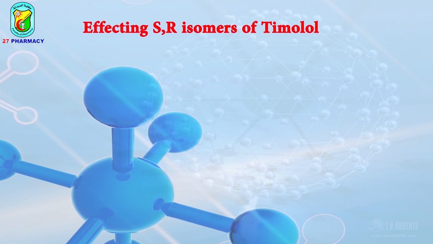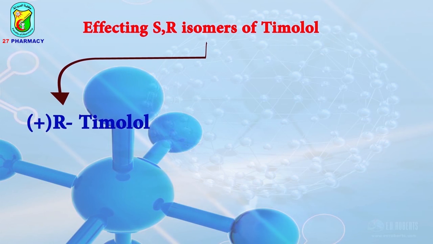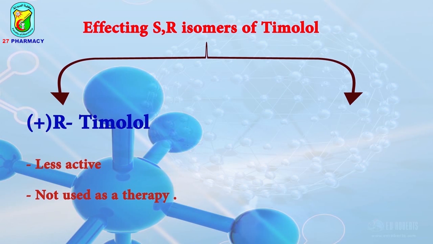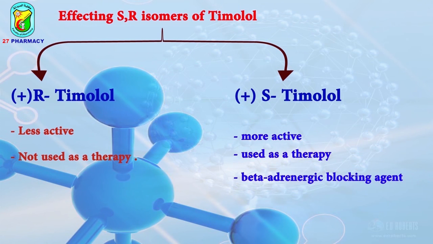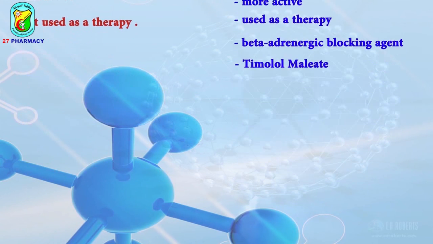Effects of the S and R isomers of Timolol. R-timolol is less active and thus is not used as a therapy. S-timolol is more active and thus is used as a therapy. It is a beta-adrenergic blocking agent. The S-isomer of timolol is also called timolol maleate.